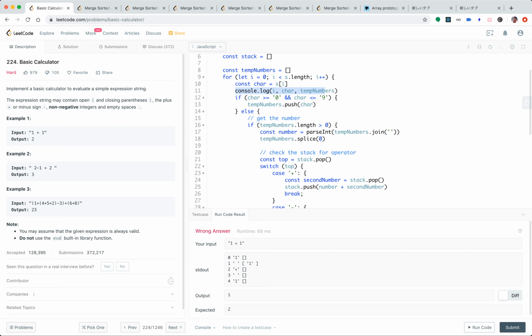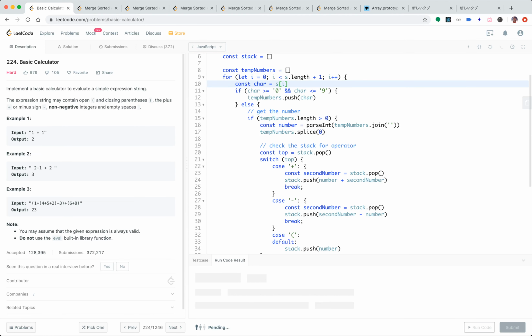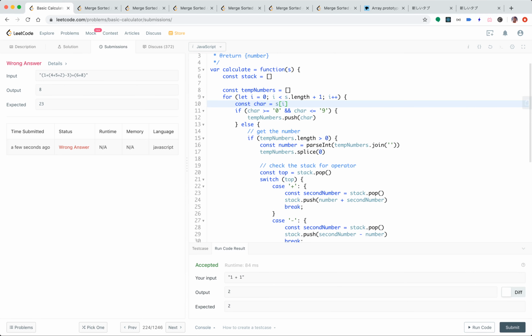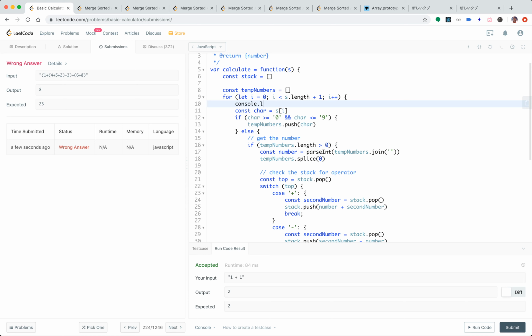Ah, God. The end adds the last number, but with plus 1 leads to calculation. Wrong answer. Console log stack.